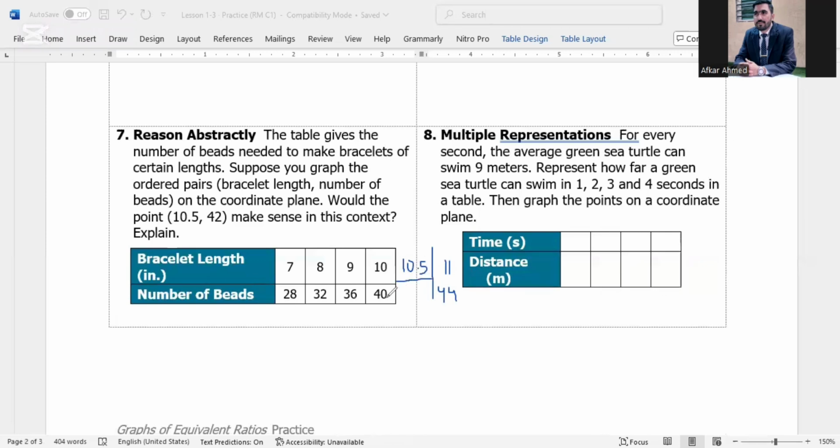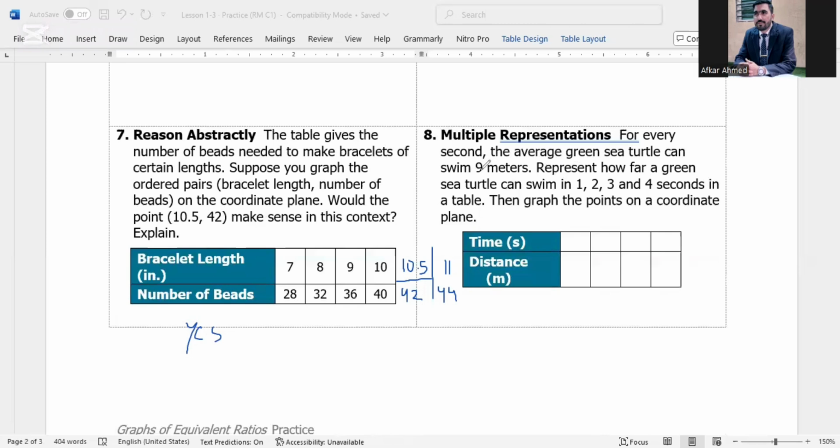This is 40, and between 40 and 44, half of this will be 42. So he's just asking, will it make any sense if you have the point 10.5 and 42? Yes, it will make sense. We will just write down here, yes, it makes sense. The point here will be 42. And question number 8 is the same. This is for you as your work.